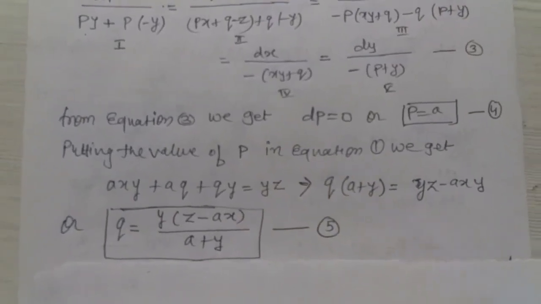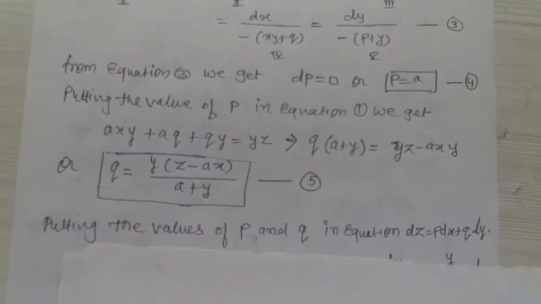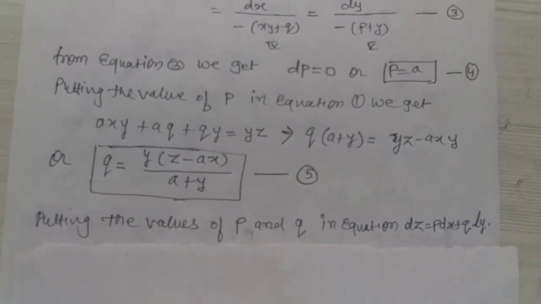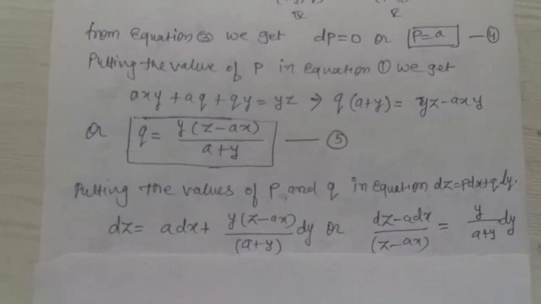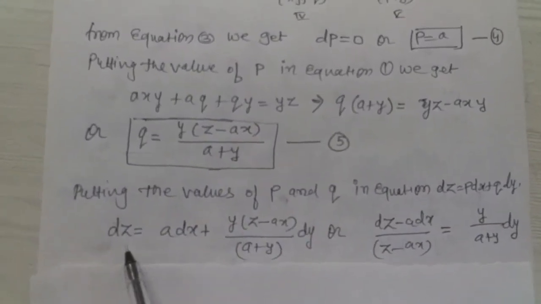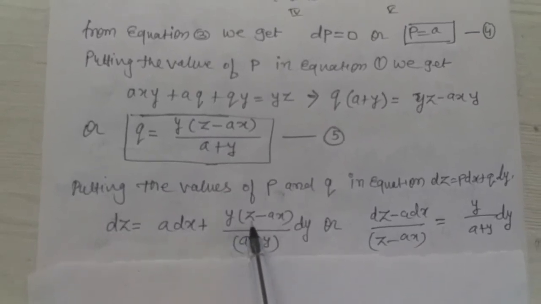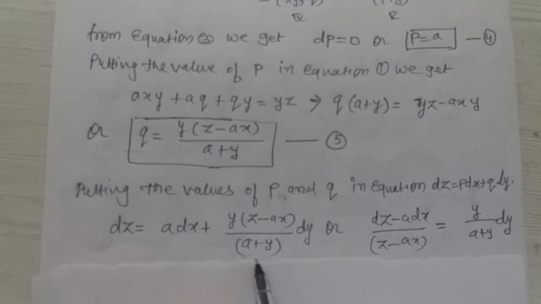Now putting the values of p and q in the relation dz equal to p dx plus q dy, we get dz equal to a dx plus y(z minus ax) upon (a plus y) dy.